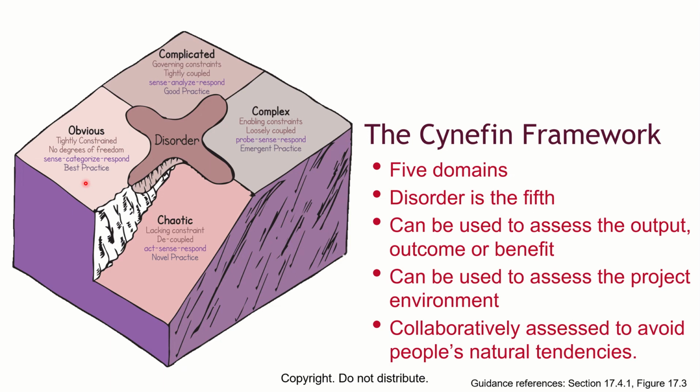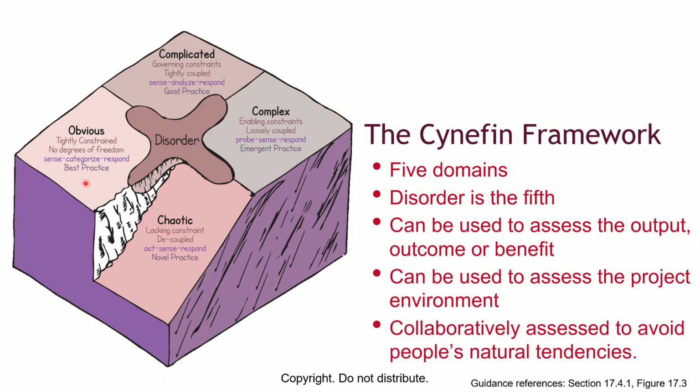Then chaotic. Chaotic is something that lacks constraints, is decoupled. It is more of you acting based on what you sense and you respond. There is no constraint, not too much constraint. That is chaotic.